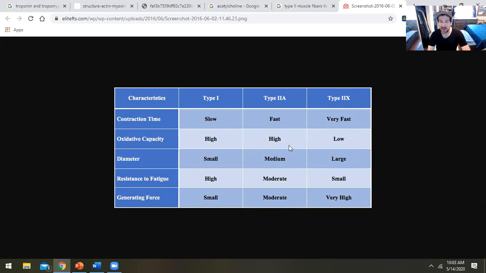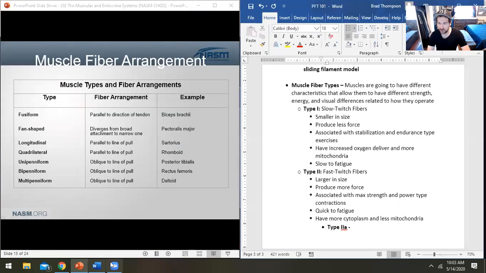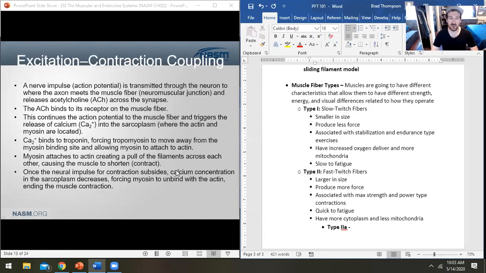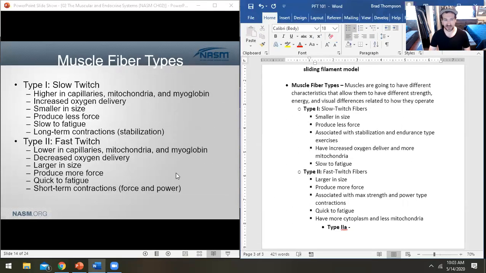Your type 2A is almost like a stopgap between these two, right? Type 2A is fast twitch, but it also does get a somewhat high delivery of oxygen, definitely not as much oxygen delivery as your type 1, but still some. And so they tend to exhaust a little bit more slowly than your type 2X.